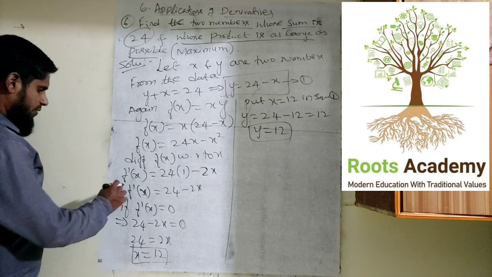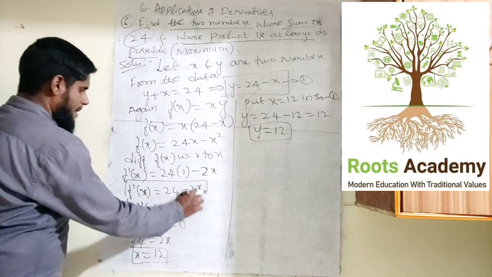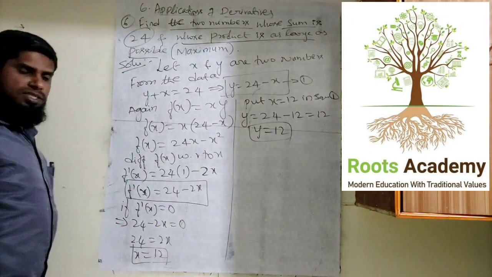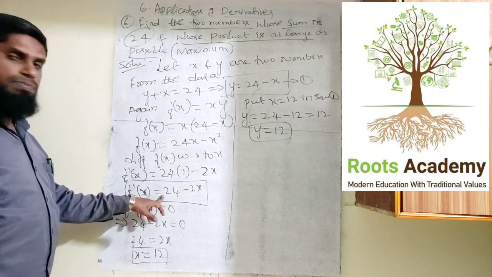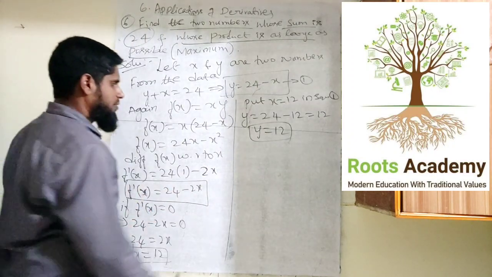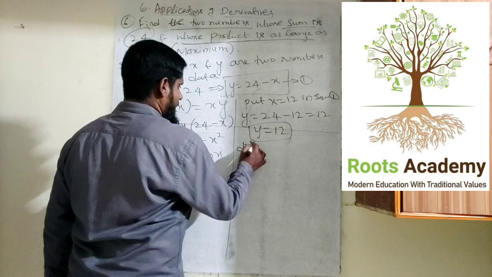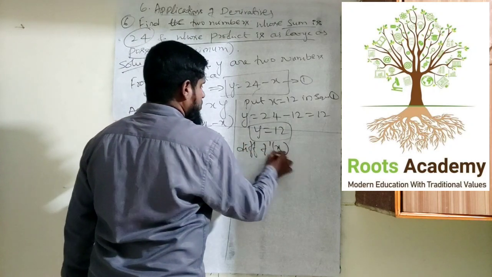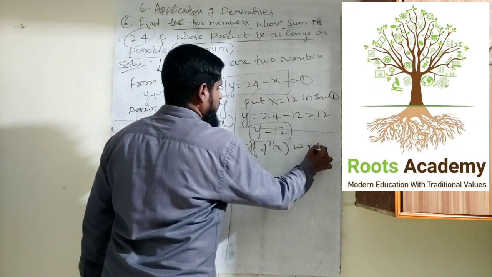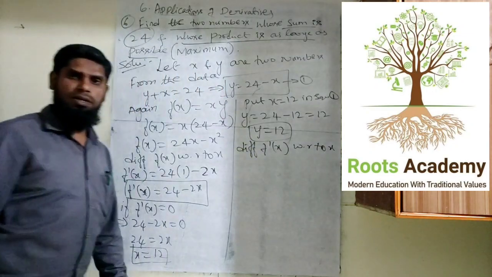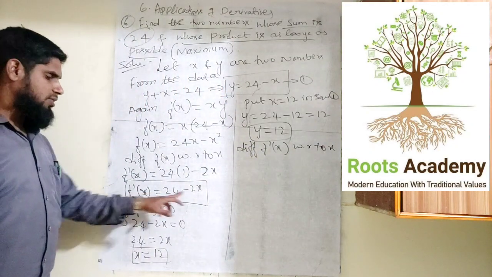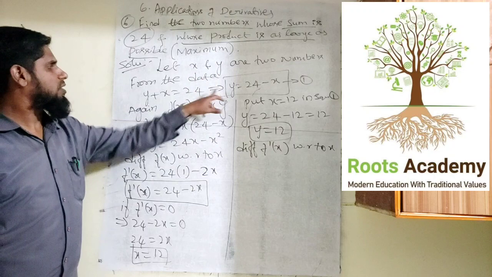So already I got the first derivative here. Let us differentiate f dash of x with respect to x. I am trying to find the second order derivative of this function.